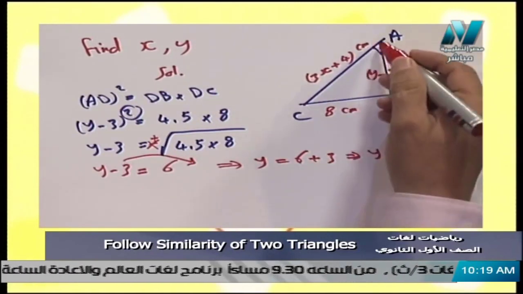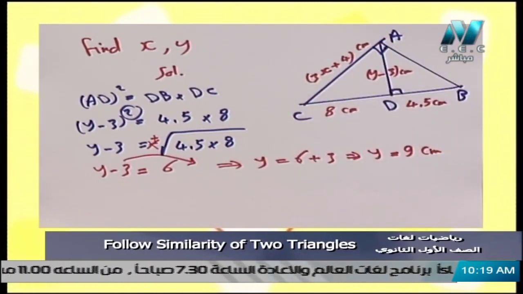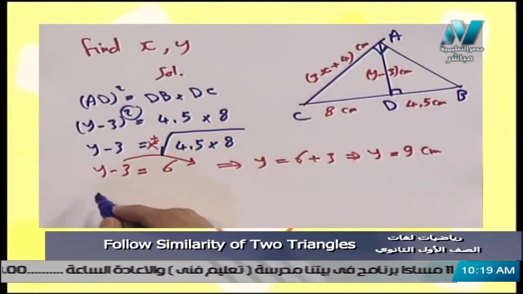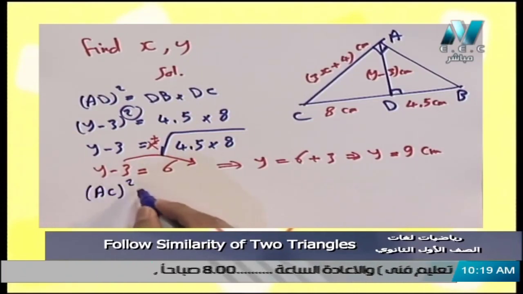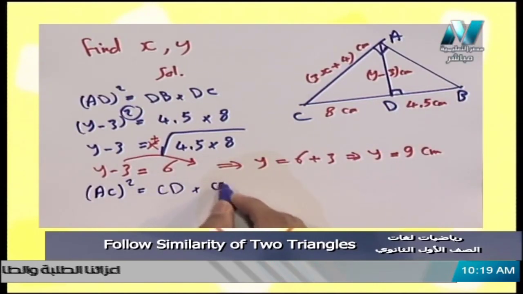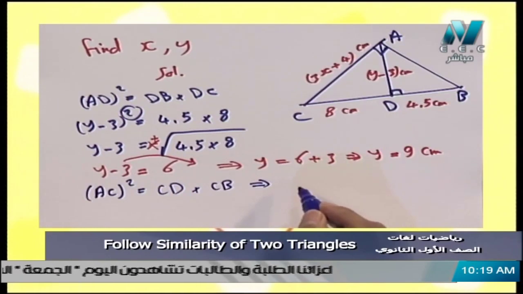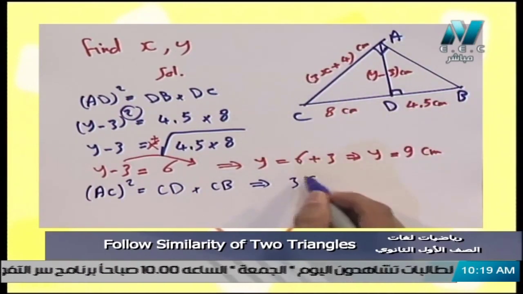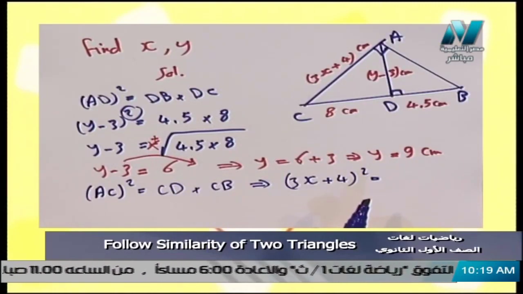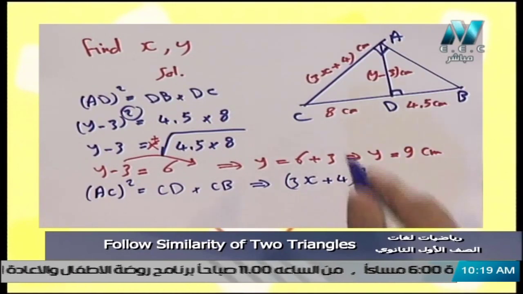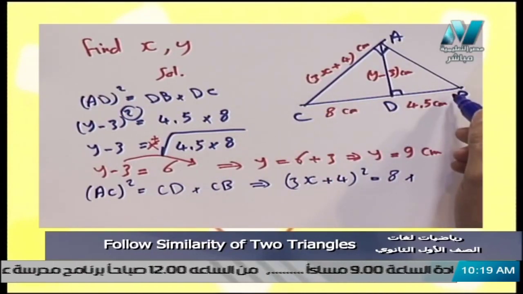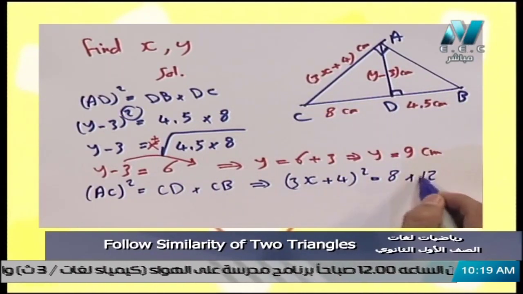To find x, we will deal with AC here. And we know from the similarity that we can say that AC power 2 equals CD multiplied by CB. AC power 2 will mean that 3x plus 4 all power 2 equals 8, which is CD, multiplied by CB. Yes, 8 plus 4.5 equals 12.5 centimeters.